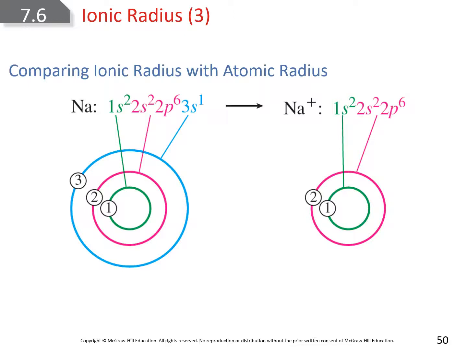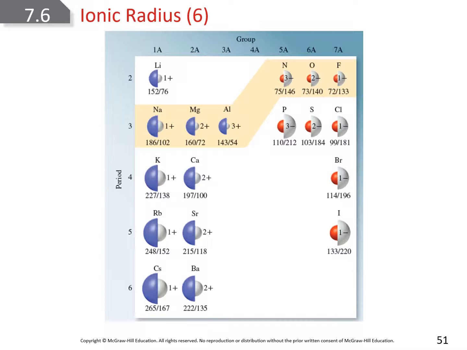Here, if you just look at sodium, you need to understand that when sodium loses an electron, its atomic radius becomes smaller. If we compare lithium, it's kind of hard to tell from this, but the little gray part of lithium is the atomic radius when it's an ion.